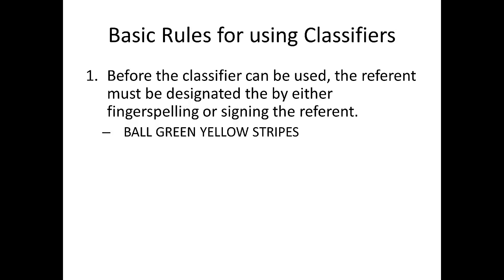An example, before you would use a classifier to represent a ball with green and yellow stripes, you would need to sign the object. And then you could use, for example, an S classifier to represent the ball.